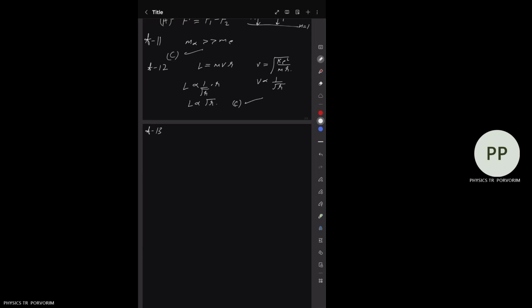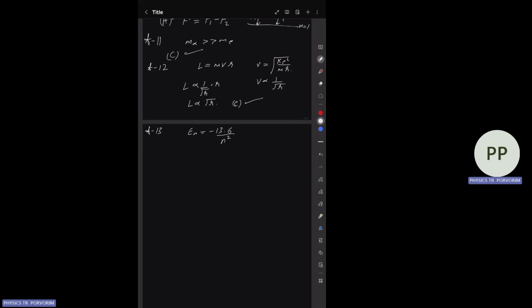The 13th question says that 13.6 electron volt energy is required to ionize the hydrogen atom. Then what is the energy required to remove the electron from n equal to 2? We know the energy of the hydrogen atom is minus 13.6. Since it is talking about the hydrogen atom, I can directly write this as the energy.